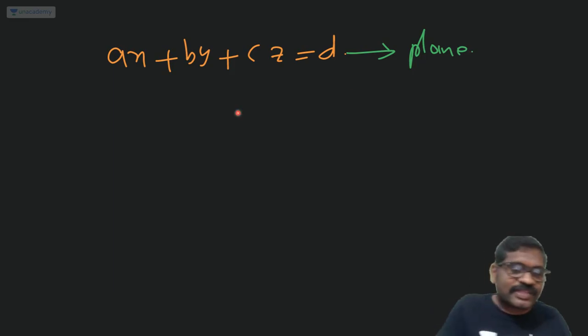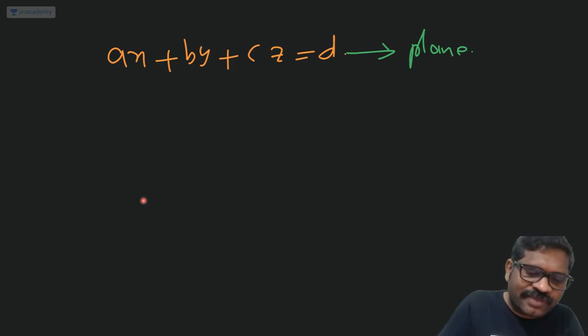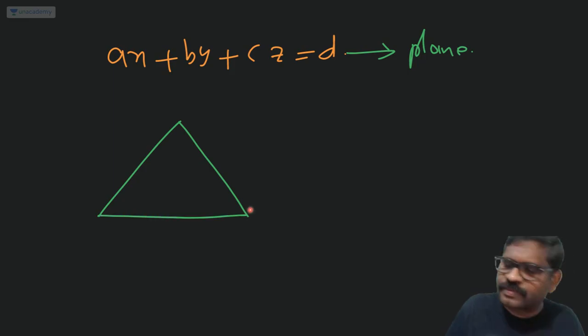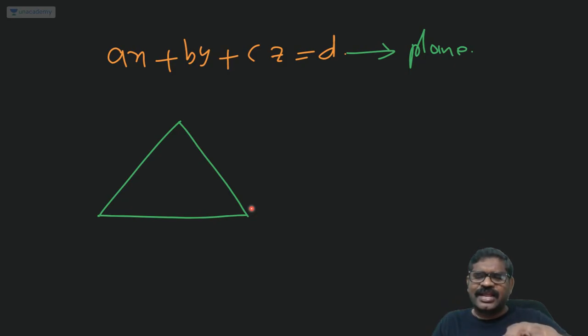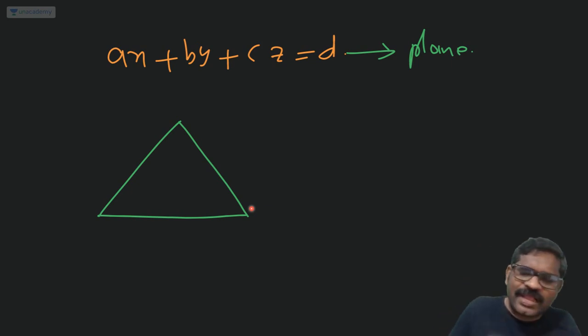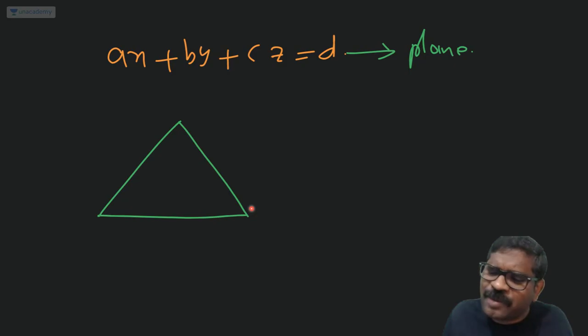Suppose I have given three equations, like this. Non-homogeneous system. Three equations are intersecting like this. It means three planes are intersecting like this. Here, do you have any common point of intersection?